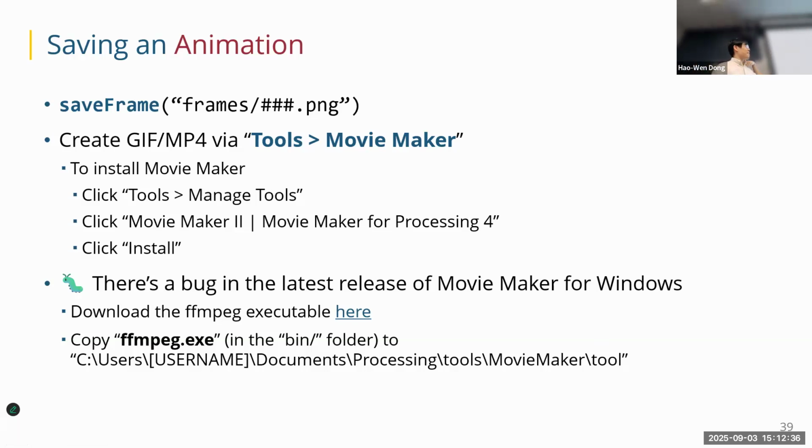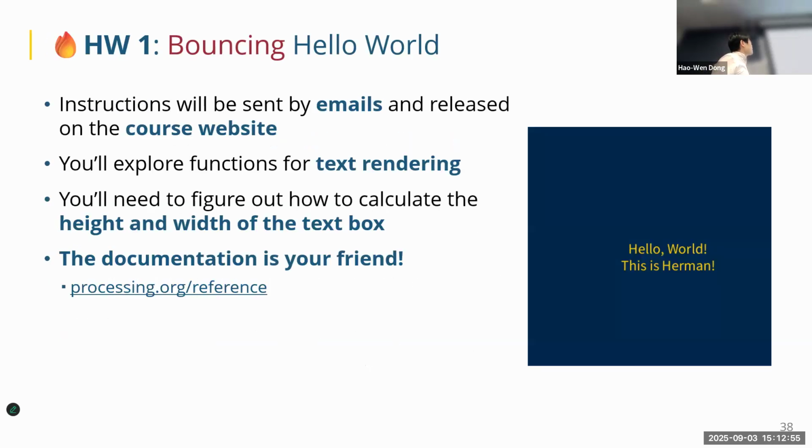The bug is that it actually downloads the macOS executable to a Windows machine, and the Windows machine just doesn't work. So that's an unfortunate thing. But anyway, it can be fixed this way.